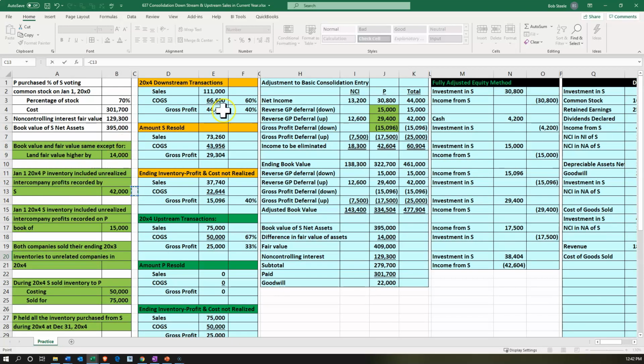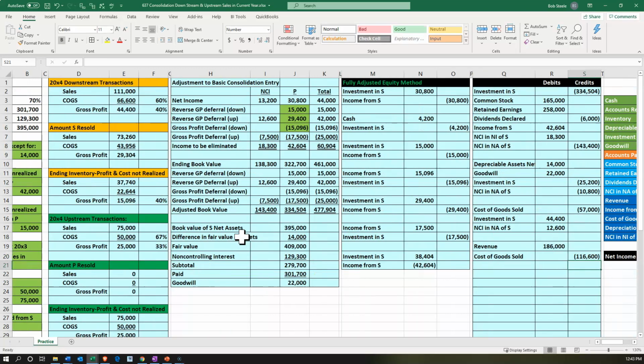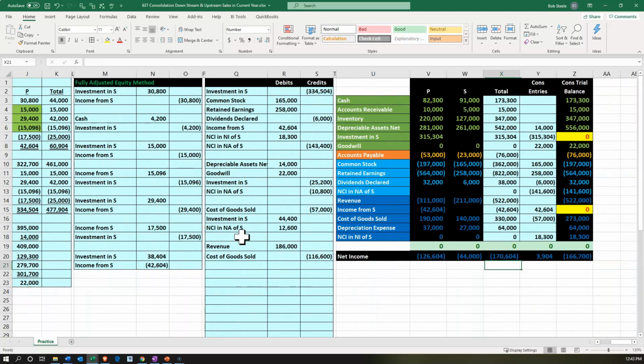I need to subtract them. So in other words, the 66.6 plus the 50,000, I want to make it a negative. So negative that, and that is the 116.6. And then the difference is going to be inventory. That's going to be the difference in this transaction. So I'm going to pick that up in the inventory.